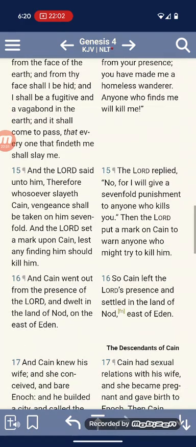So Cain was feeling like the curse he was going to receive from the Lord Yahweh was too much for him to bear, too much for him to handle. In verse 15 it says, and the Lord Yahweh said unto him, therefore whosoever slayeth Cain, vengeance shall be taken on him sevenfold.